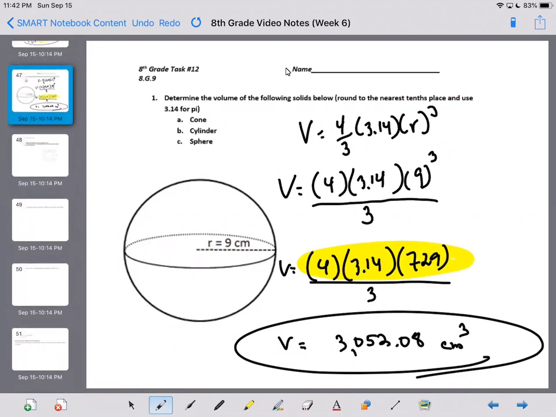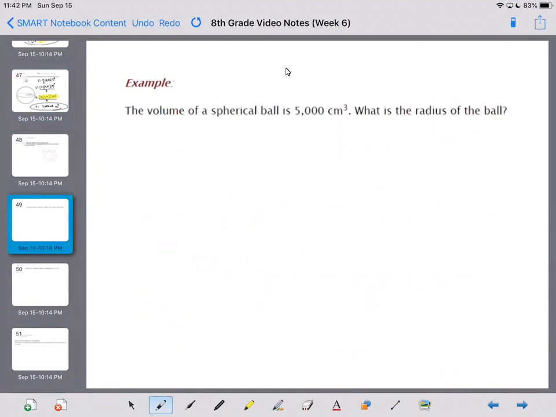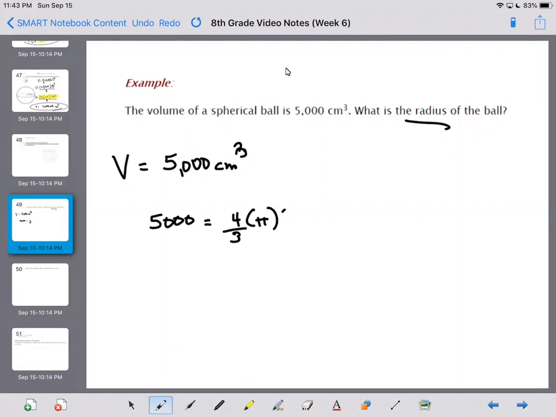So the next one, we've got the volume of a spherical ball. If we know the volume is 5,000 cubic centimeters, what is the radius? Well, if we're dealing with the sphere, then we know 5,000 is the volume. We're dealing with 4/3 times pi times the radius cubed.